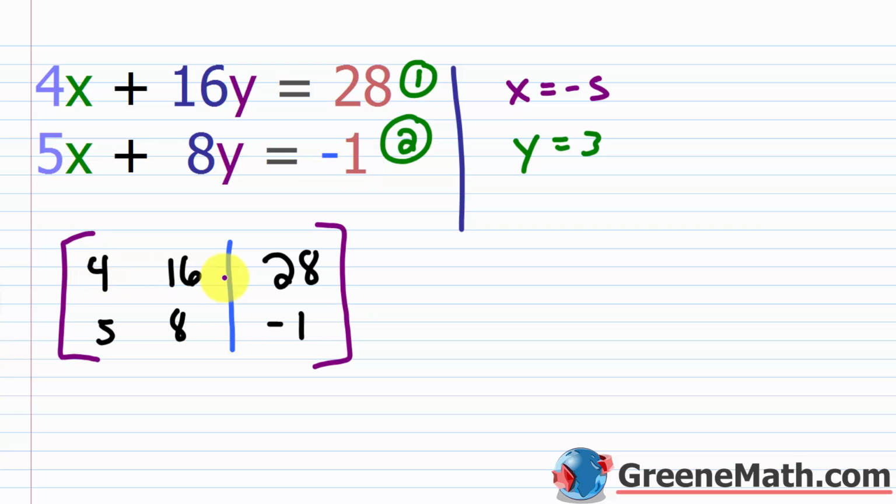So since this is just the numerical information from the equation, if I took this matrix and multiplied row 2 by, let's say, -2, this would be -10. This would be -16, and this would be +2. And that's exactly what we saw when we were working with this kind of system, right? We multiplied equation 2 by -2, and we got -10x, -16y, equal to +2.